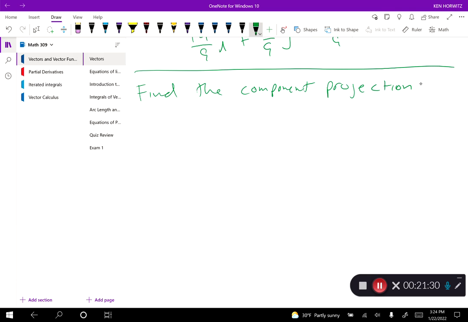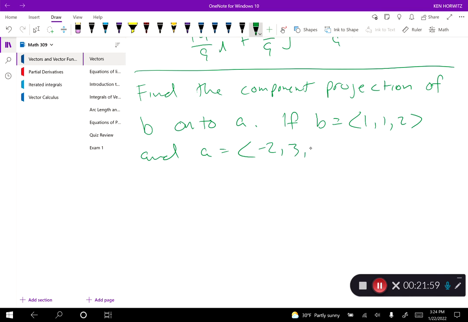And I've seen some books call this scalar projection because you're going to get a scalar answer, of, and I'm going to change up the letters, B onto A. All right, so if B equals 1, 1, 2, and A equals negative 2, 3, 1.